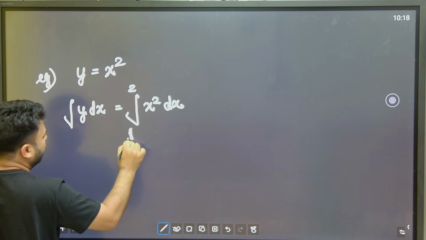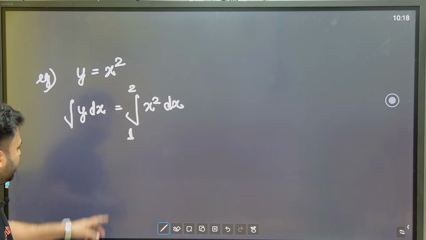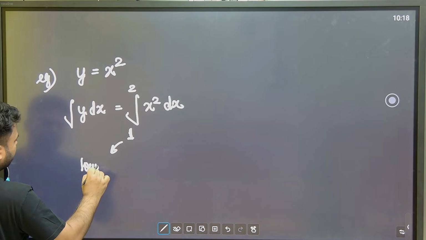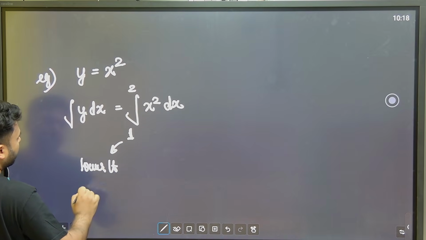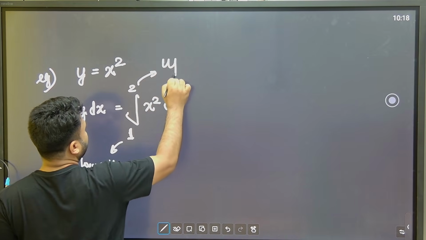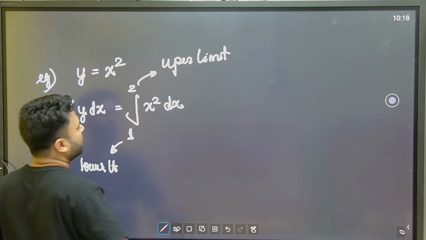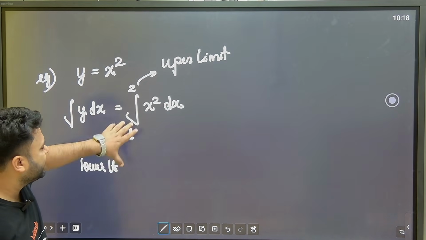We are integrating from 1 to 2. This one is called lower limit. This 2 is called upper limit.